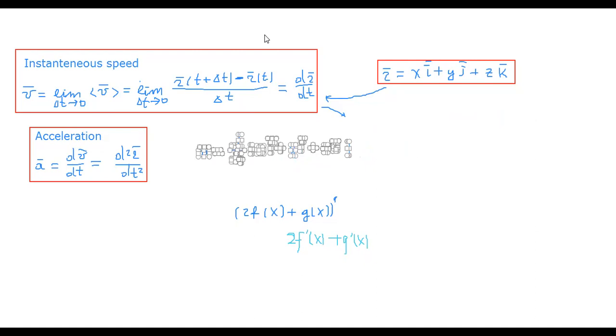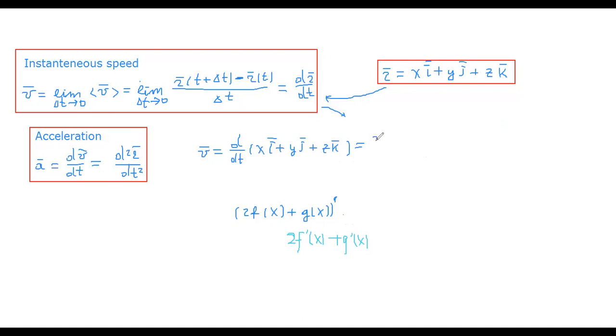So we can use this in physics. Here i, j, k are constant vectors.